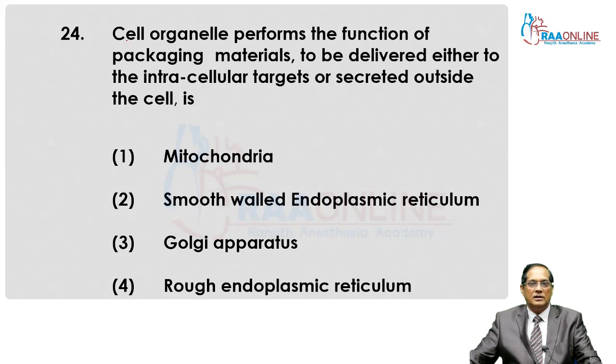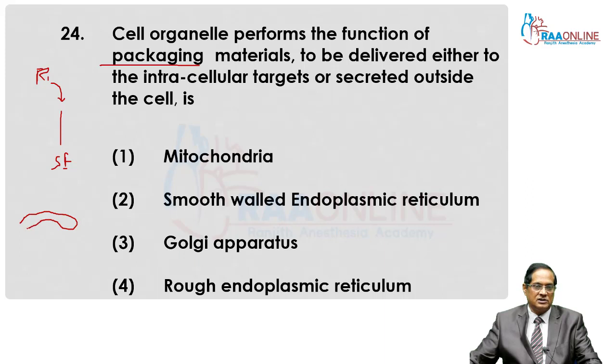Which cell organelle performs the function of packaging? Ribosomes synthesize enzymes over the ER. These enzymes or proteins are given to the rough ER. From the rough ER, they are carried by the smooth ER to the cis part of the Golgi body.